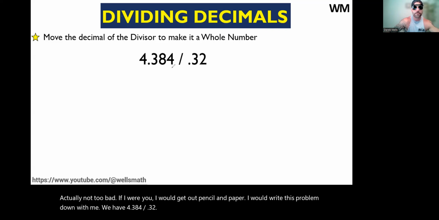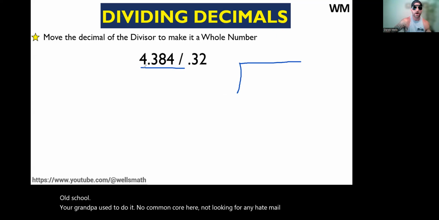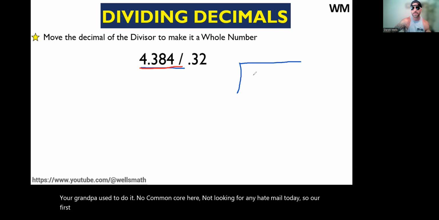So we're going to do this problem old school, like your grandpa used to do it. No Common Core here. Not looking for any hate mail today. So our first number in our division problem is the number that's going to go inside the house here. And this is known as your dividend.